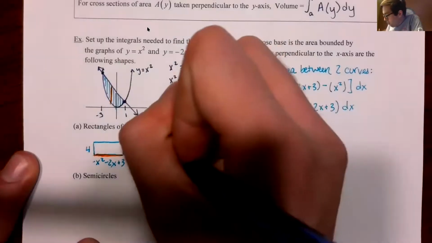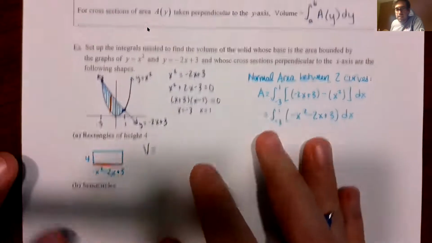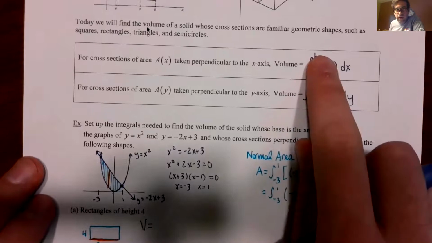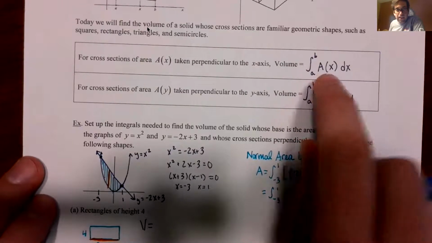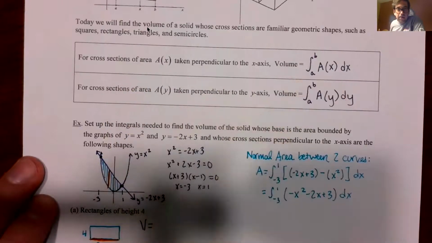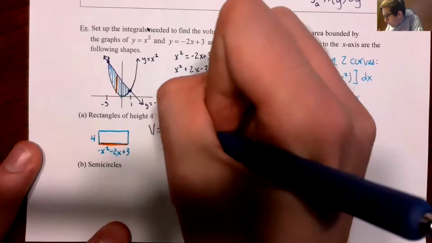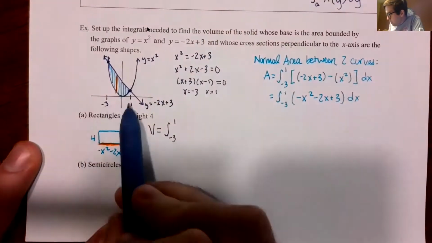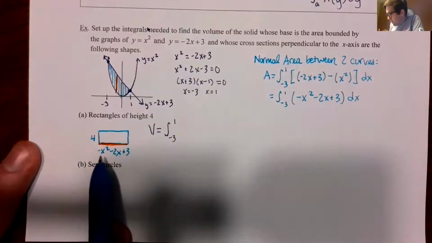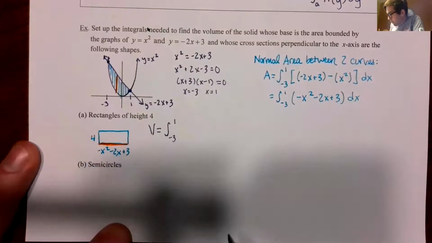So to find our volume, let's think about this formula. It's going to go from a to b, A of x dx, and A of x is the area of a specific cross section. So we're going to go from negative 3 to 1, and then let's think about the area of a rectangle, right? It's 4 times negative x squared minus 2x plus 3.